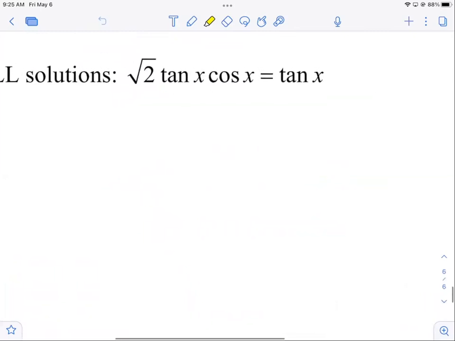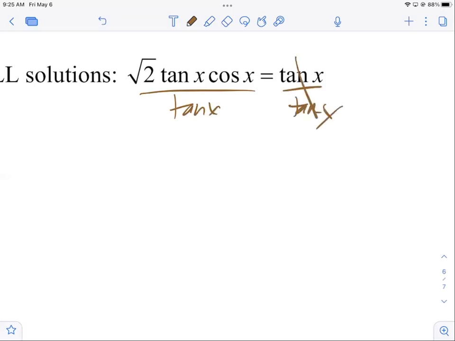Find all the solutions. Square root of 2 tangent of x times cosine of x equals tangent of x. Would this be a good first move, to divide both sides by tangent of x? Because look, it divides out there, divides out there. Is that a good move? No, why not?